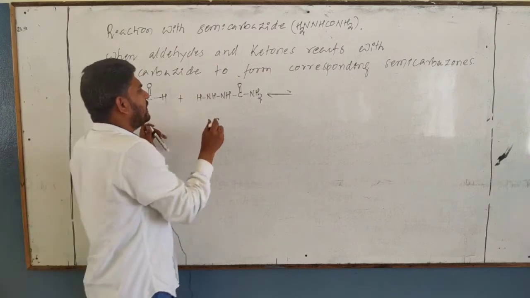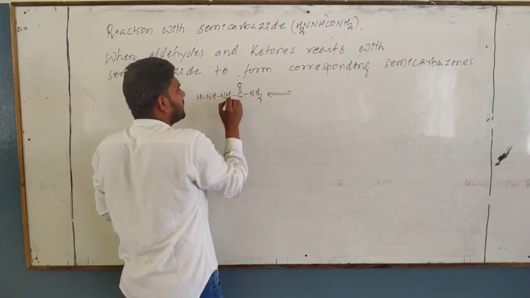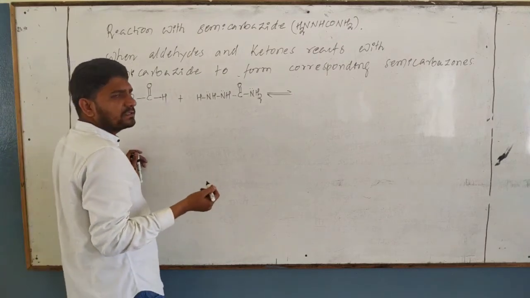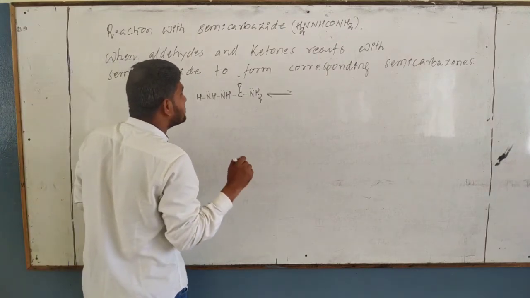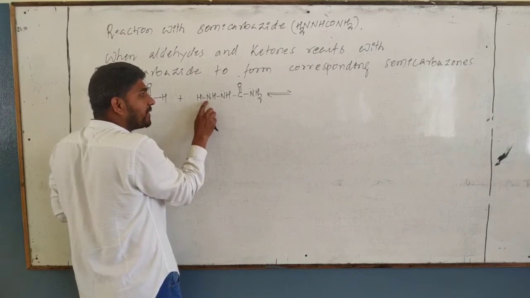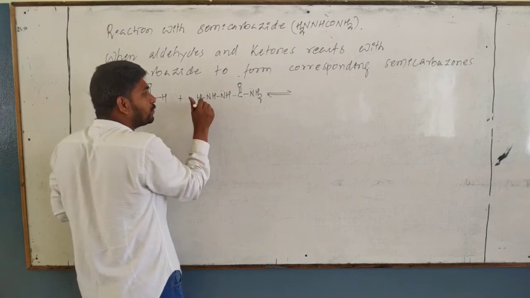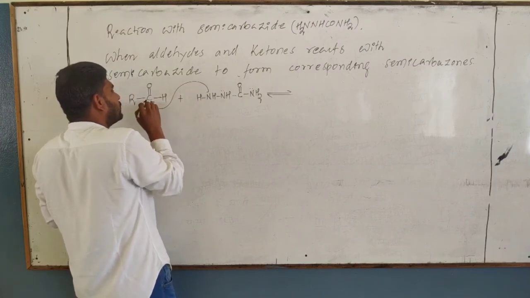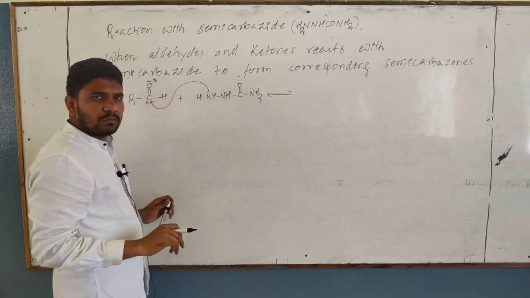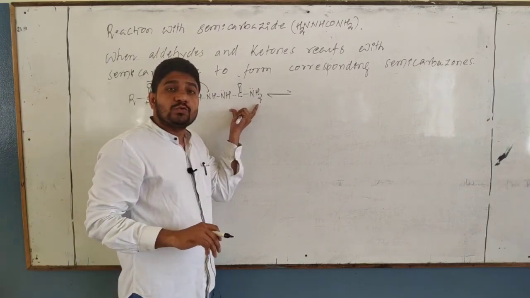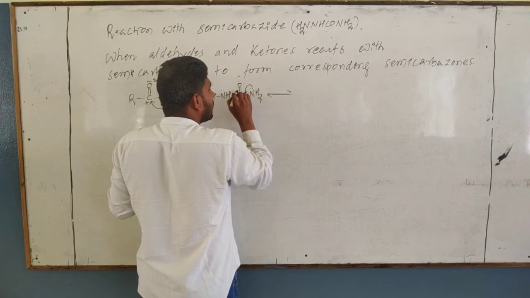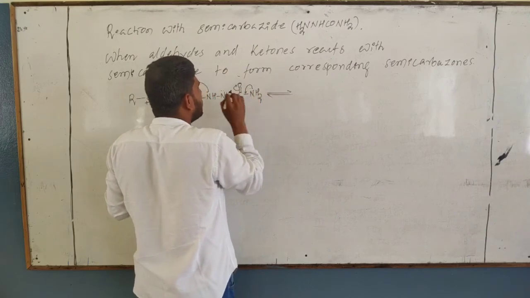Listen, over here 3 nitrogen atoms are there. All the 3 nitrogens contain what? Lone pairs. But attack takes place through this terminal nitrogen only. Means the lone pair of electrons present on this terminal nitrogen are used for the attack on this carbonyl group. Why not these two? Because these two are involved in delocalization, they are not available for the attack.